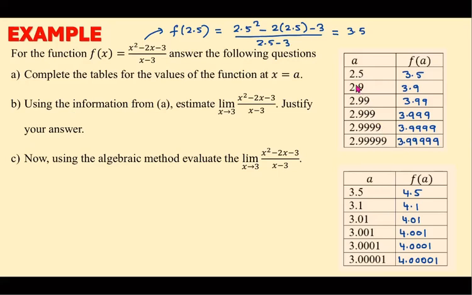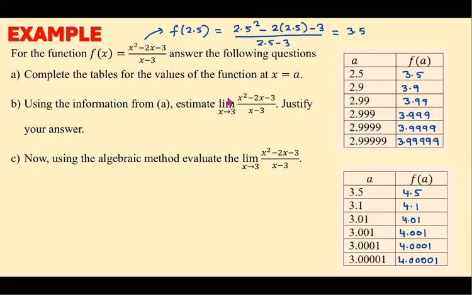Now, if you look at the first table, as the x values approach 3, the value of the function approaches 3.999, meaning it approaches 4. Similarly, when x approaches 3 from the right, the function value decreases from 4.5 and approaches 4 again. So the left-hand limit is 4 and the right-hand limit is 4.